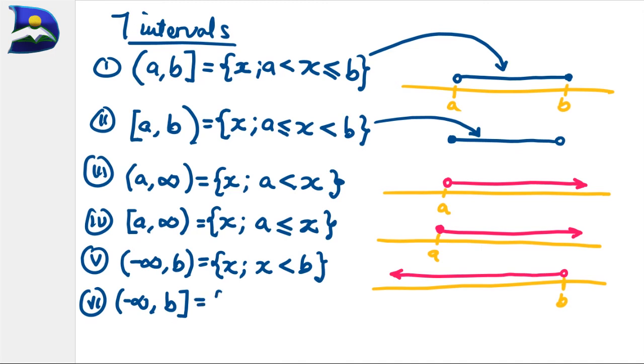So this is shown as all real numbers where the numbers here are less than or equal to B, because of this sharp bracket that comes after B.